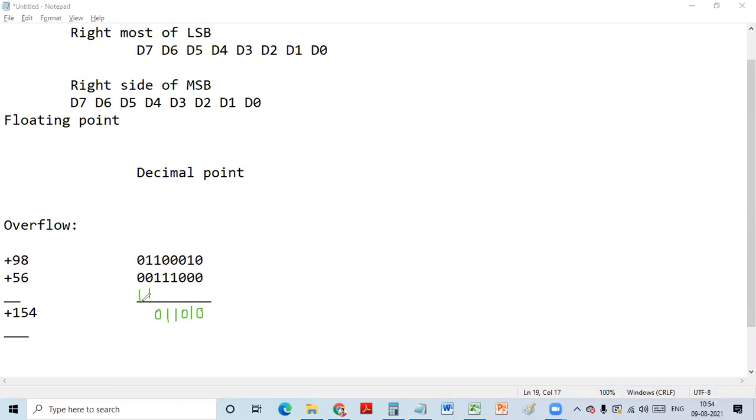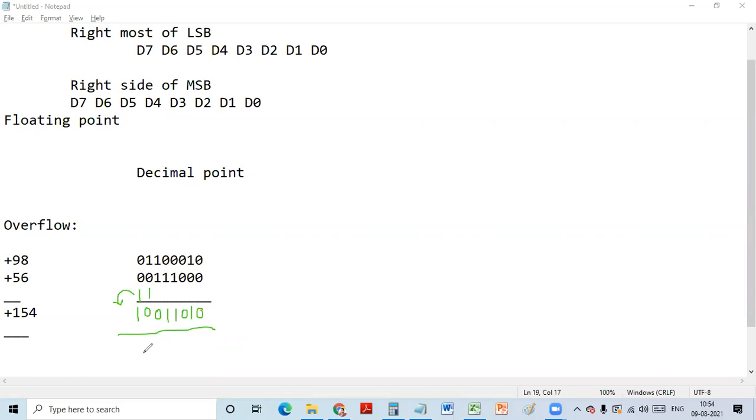Next again 1 1, carry 1, and it is 0. And we got a 1 here, right? Am I correct? Yes, ma'am. No extra bit is coming out of the n bits, right? And your result is 8 bits only.